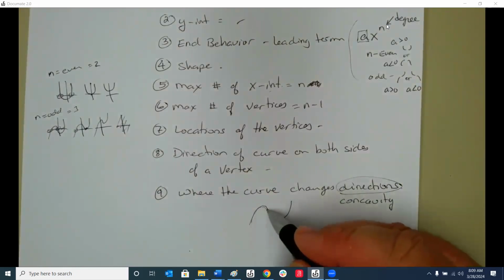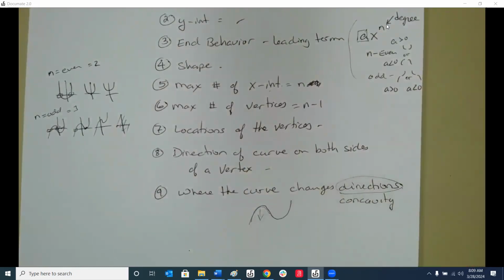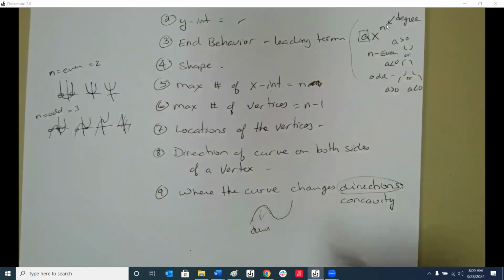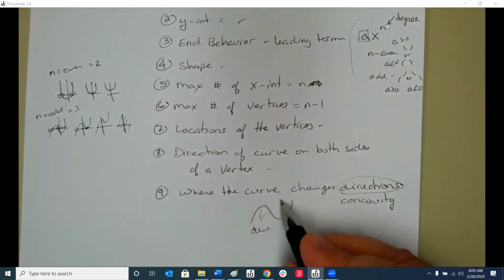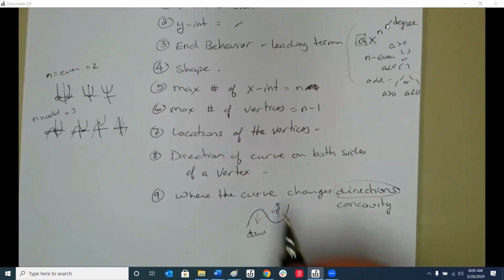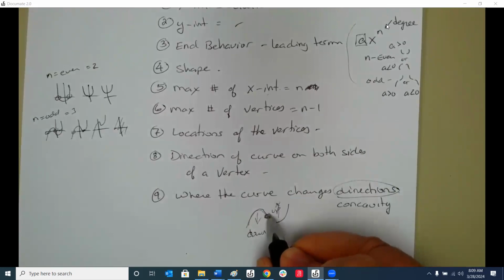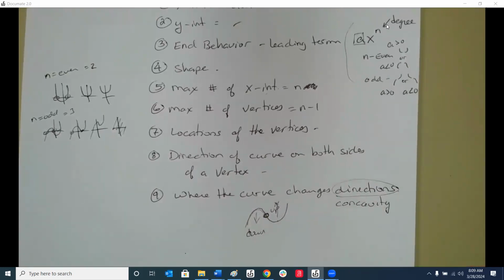Notice how this side of the graph is pointing down. That's concave down. Here, it's a bowl. It's concave up. So that means there has to be a point somewhere between there where it stops going down and starts going up. That's what we're going to figure out. Because that's where the shape begins to change, the direction of the flow.